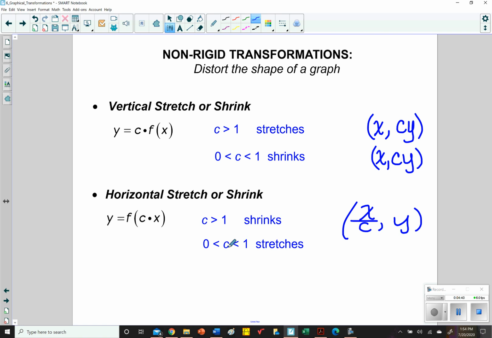And if your factor is a fraction, it's going to horizontally stretch your graph. So you're dividing that factor by your x coordinates to get a set of ordered pairs.